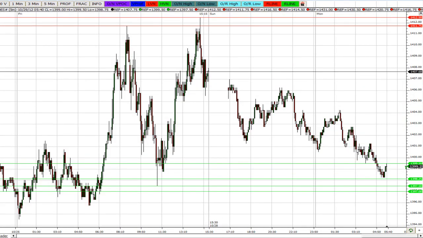Okay, we've now switched to a 24-hour session, which means that it's continuous trading. There's no gaps or anything like that. This tiny gap that you see here is because of the weekend. And when trading resumed on Sunday evening, there was a slight gap down, but in general it's going to be continuous.